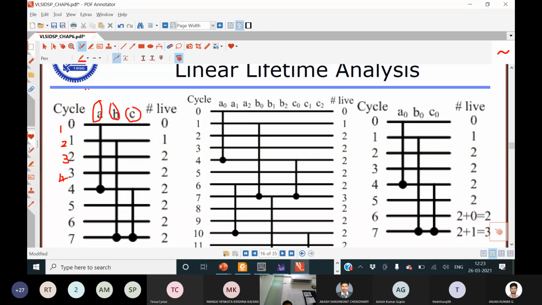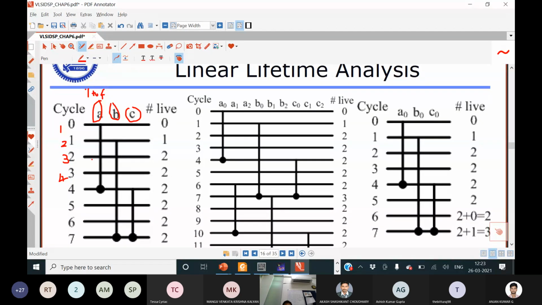So A has a life from 1 to 4. What I mean by life is that for that particular duration, the variable exists. For this particular clock cycle, this variable does exist. So A exists according to this graph from 1 to 4.